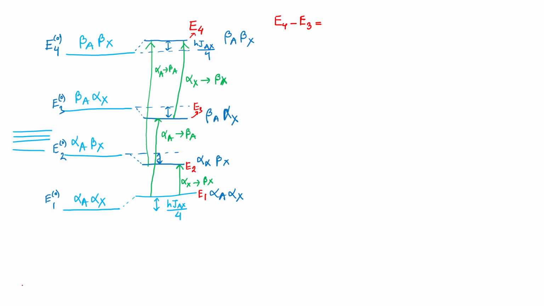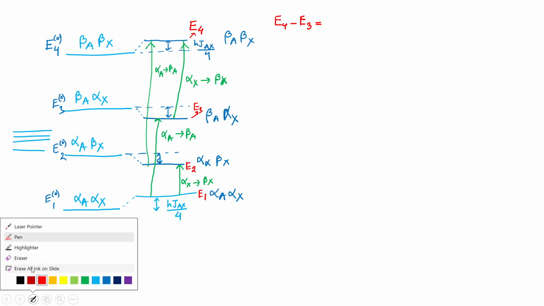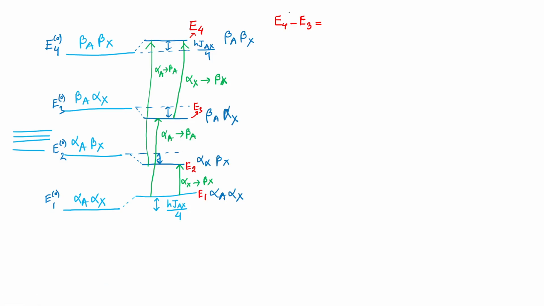We got hν_X, and now we extra have hJ_AX/4 for the upper energy, and minus minus plus for the lower. So actually hν_X plus hJ_AX/2, right?